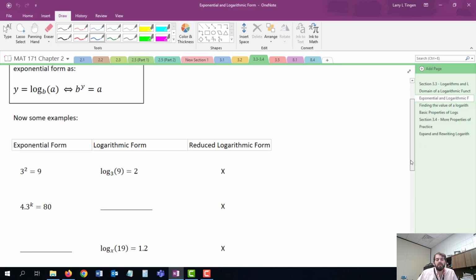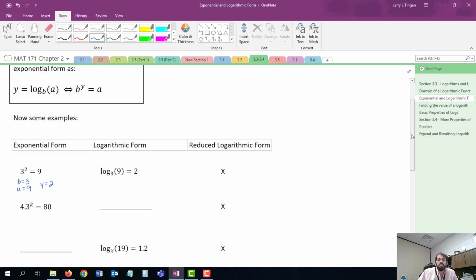So how does that help me? Across the top you can see, what have I got here? b is 3. a is, which one is a? a is on the other side of the equal sign, so a is 9. And y is 2.